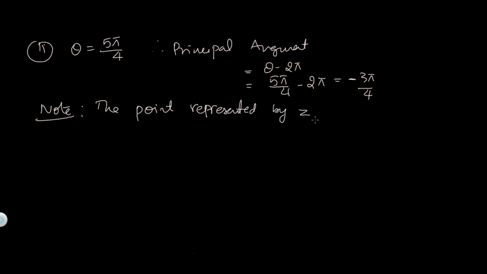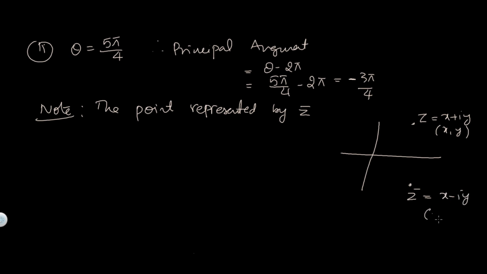Z bar means, if z equals x plus iy, z bar is x minus iy. So z is the point x comma y, and z bar, the conjugate, is x minus iy, which we write as x comma minus y.